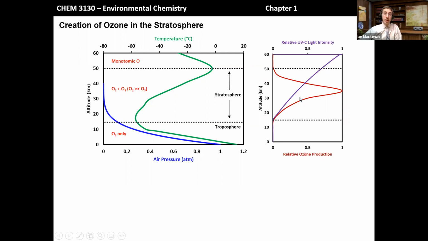We also have plotted on this graph a depiction of the production of ozone in the stratosphere itself, and you'll notice that this occurs to the greatest extent in the mid-stratosphere.